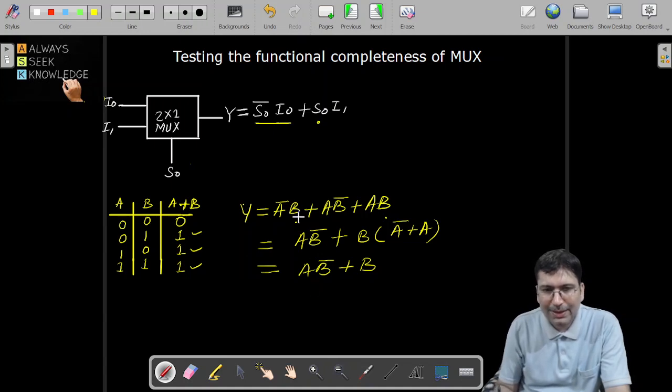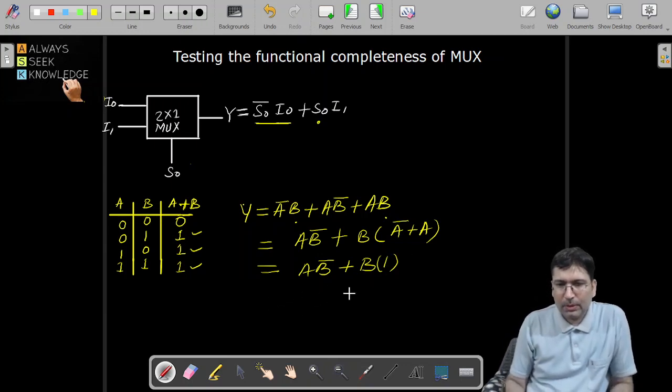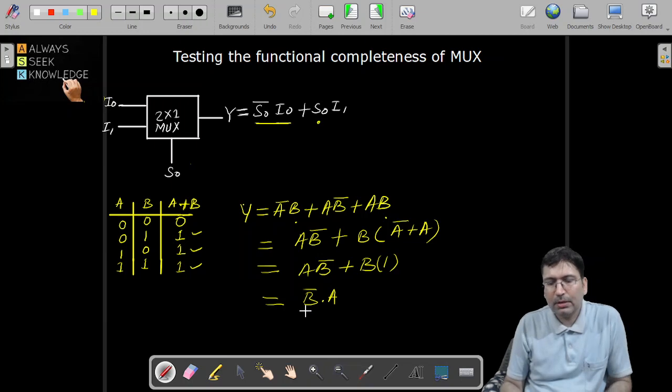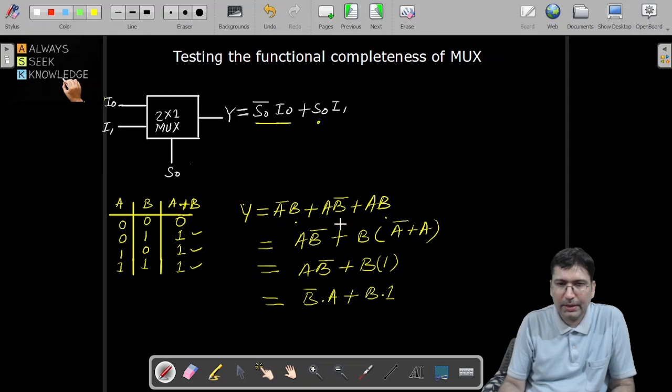In order to compare, we need one variable with a bar and one variable which does not have a bar. So B has a bar, and I'm assuming A bar plus A will give you 1. So I'm writing 1 so that it will look in a similar format. I'm writing B bar dot A. I can write A B bar like B bar dot A, commutative law, right? And here I'm writing B dot 1.